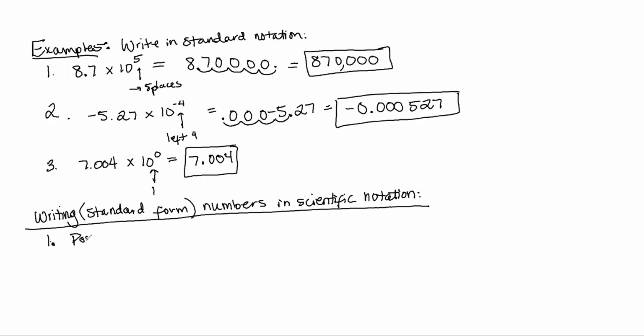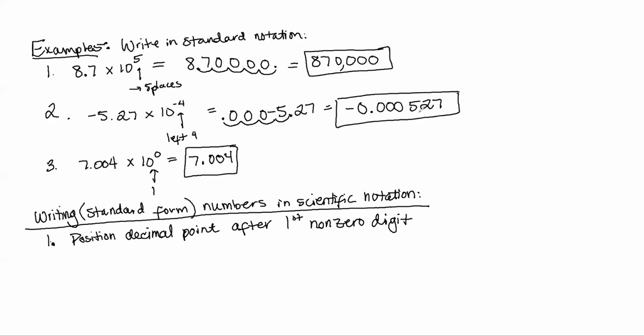So we're going to position the decimal point after the first non-zero digit. And so what that means, if we look back up at this one here, the first non-zero digit is 8, so it'll always go right after that. In this one here, the first non-zero digit, if you just go from left to right, is the 5, so it went right after the 5.